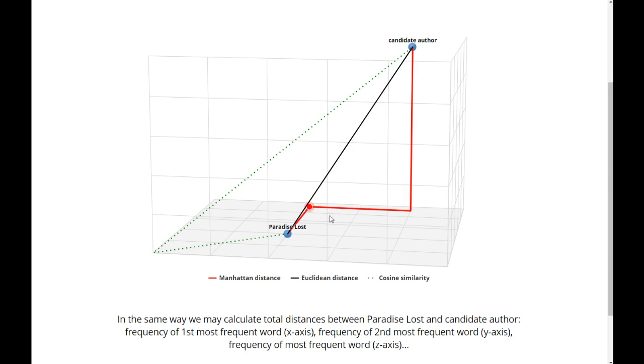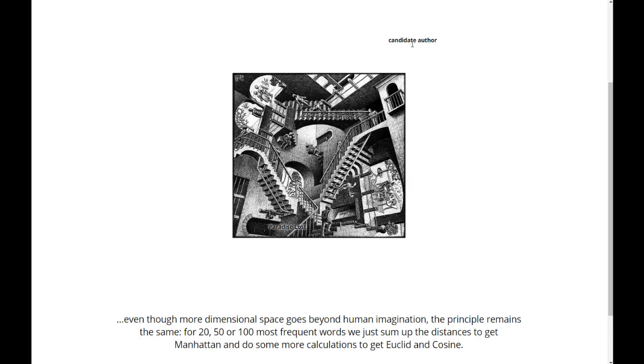The difference between the frequencies of the first word, second word, third word in those texts, summed up, gives us Burrows' Delta, or Manhattan distance, and so on. And even though a higher-dimensional space goes beyond human imagination, the principle remains the same for 20, 50, or 100 most frequent words. We just sum up the distances to get Manhattan and do some more calculation to get Euclidean and cosine similarity.